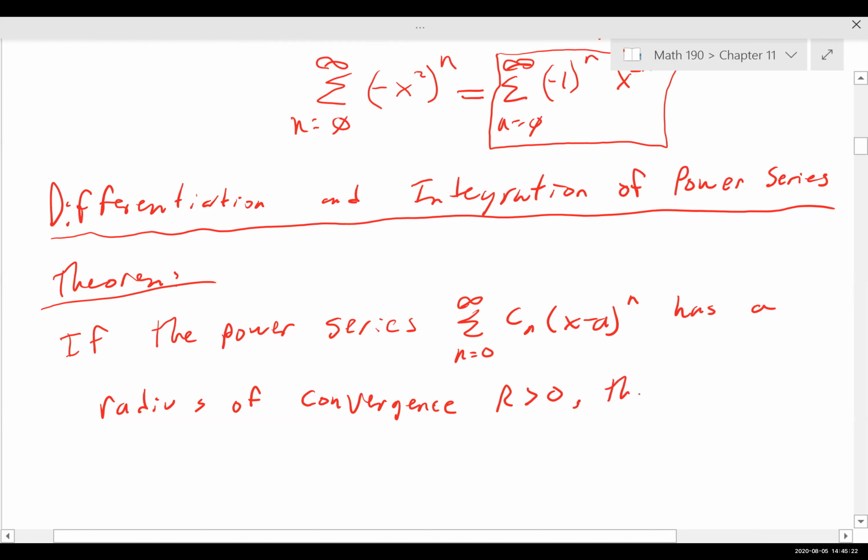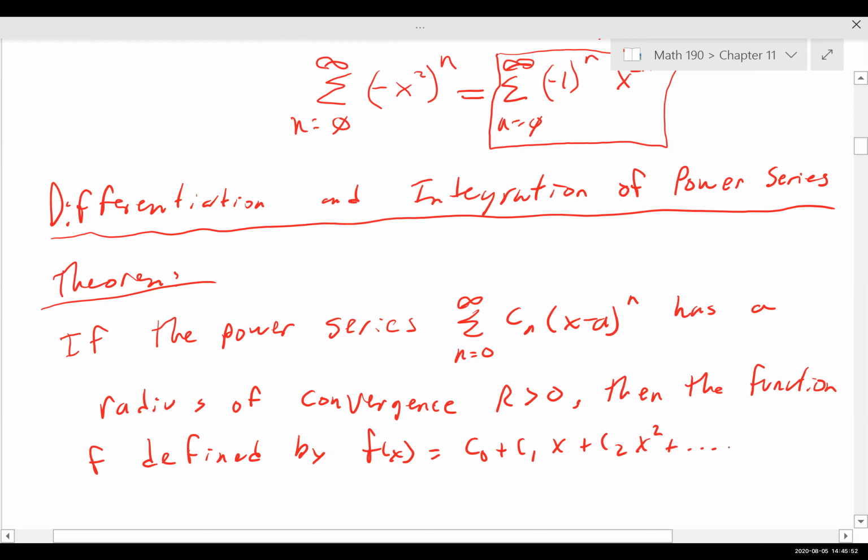the function f defined by f of x equals c naught plus c1 times x minus a plus c2 times x minus a squared plus dot dot dot.